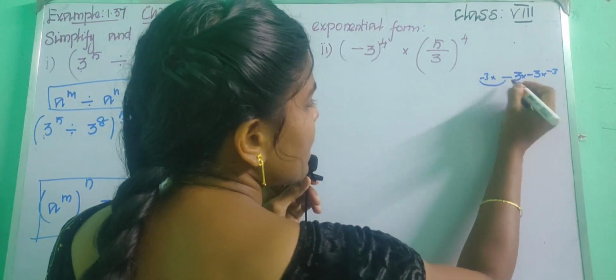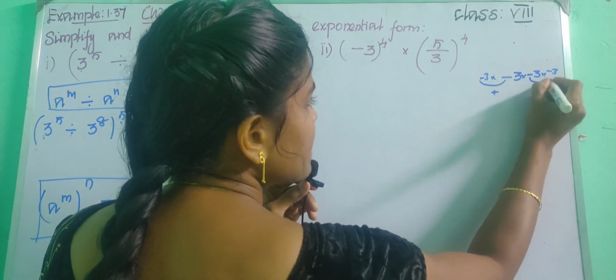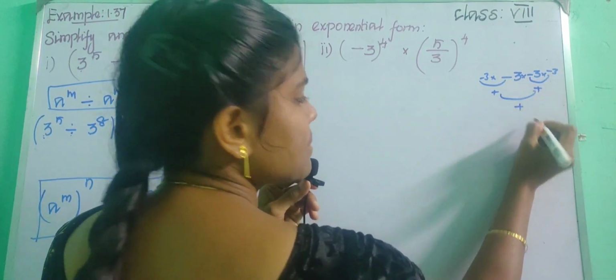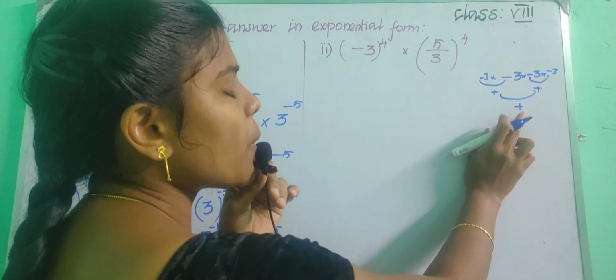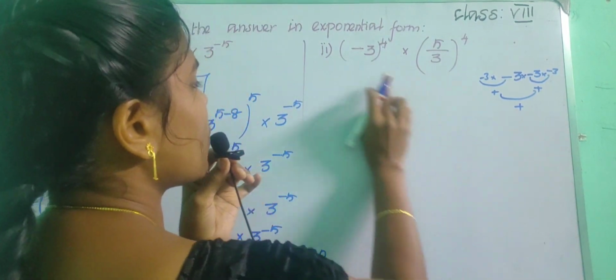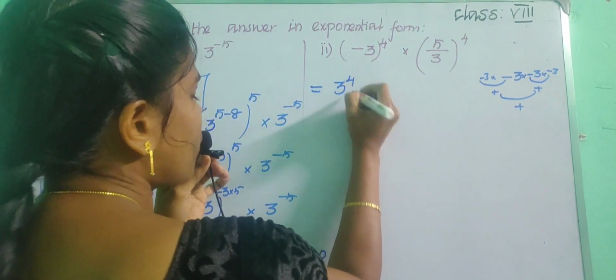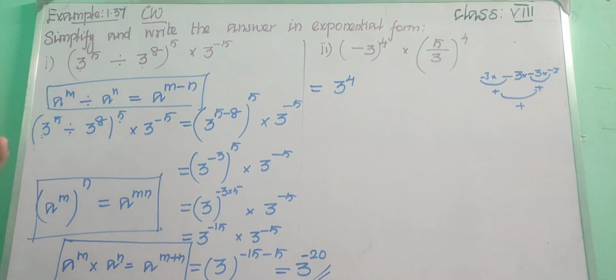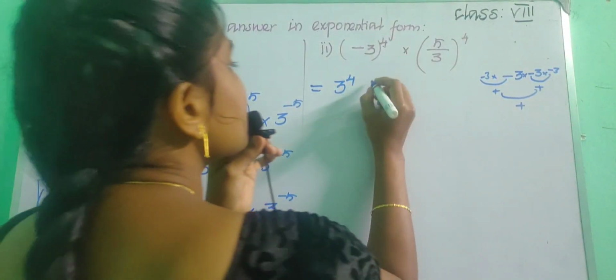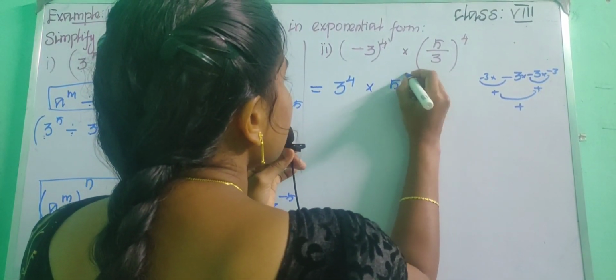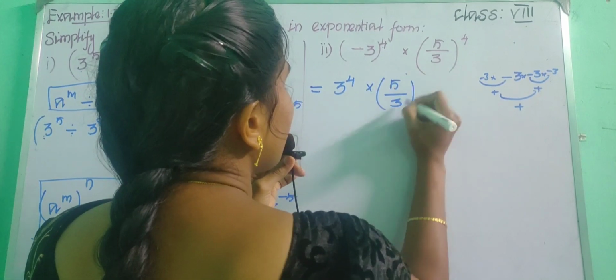Minus into minus, plus. Again minus into minus, plus. So plus into plus, plus. So we get a positive integer as the answer. So we can write it directly as 3 power 4. And write the second term, 5 by 3 the whole power 4.